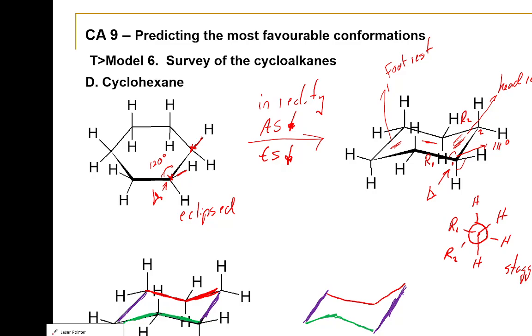And this red line right here is parallel to the green line right here. And this green line right here is running parallel to the other red line on the other side. So in a sense, there are a bunch of parallel lines.